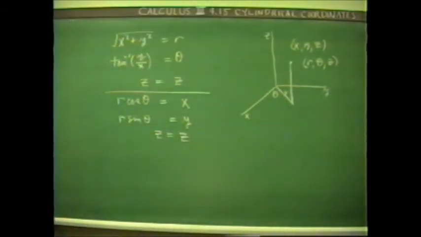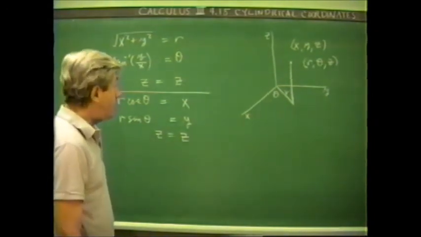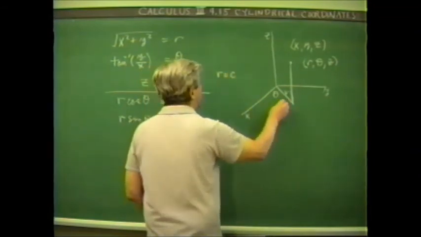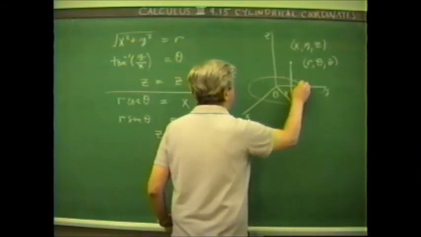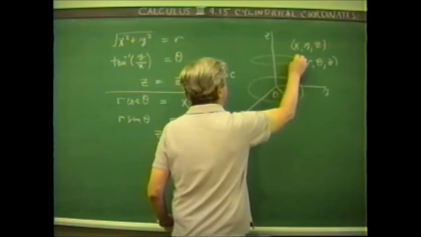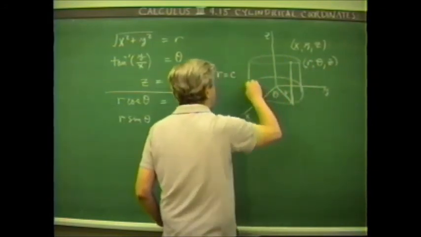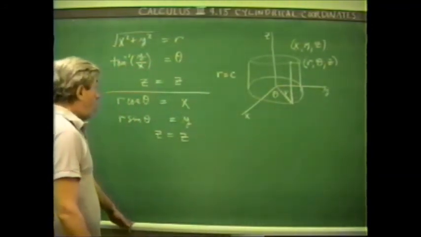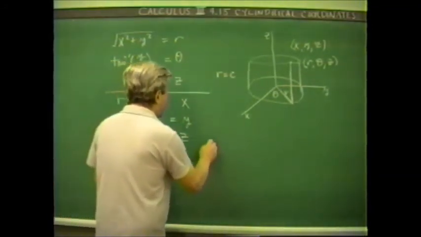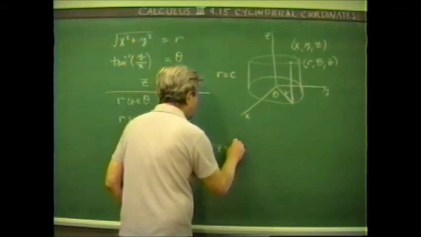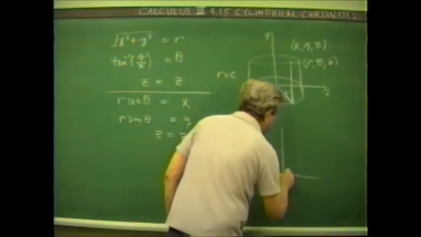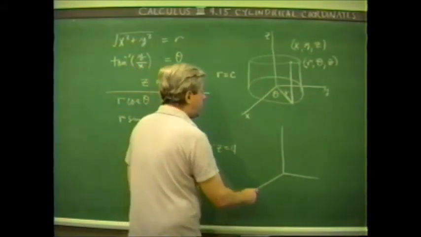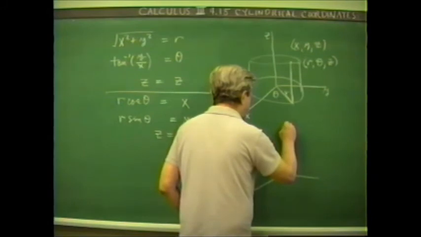Now, cylindrical coordinates are most useful for drawing things that tend to be cylindrical. In particular, for example, if we looked at r equal to a constant, the graph of that would be this cylinder of constant radius r. If we looked at something like r times z equals 4 and wanted the graph of it, it's going to look like this.